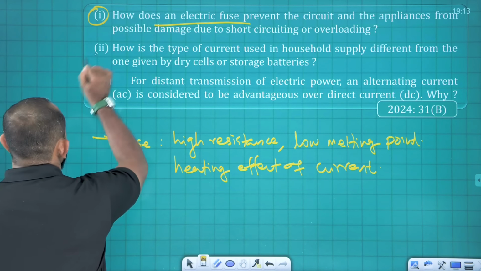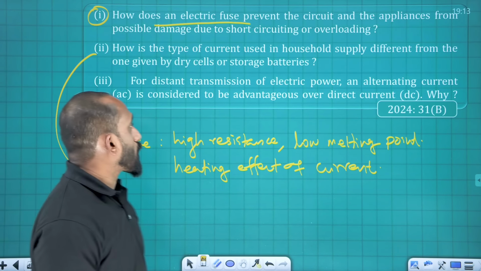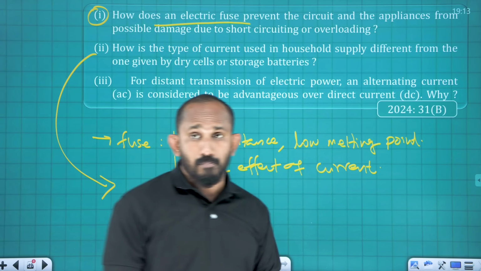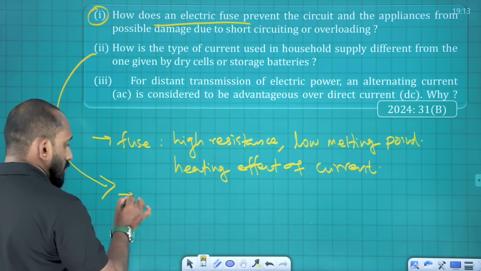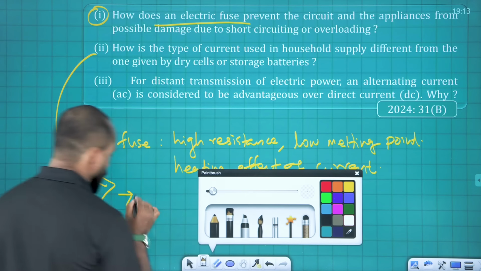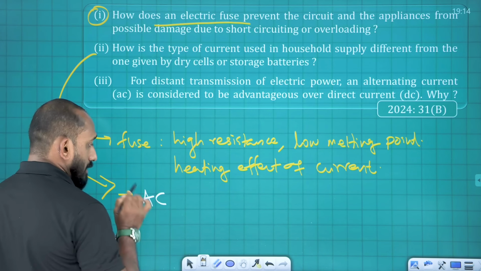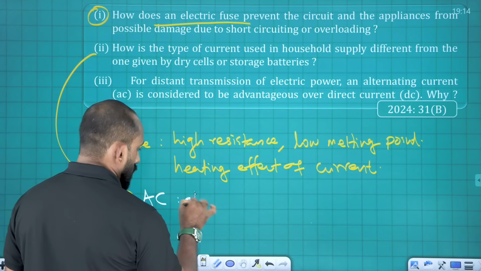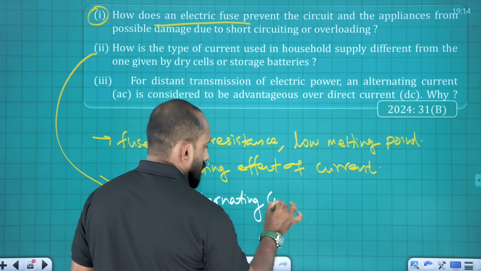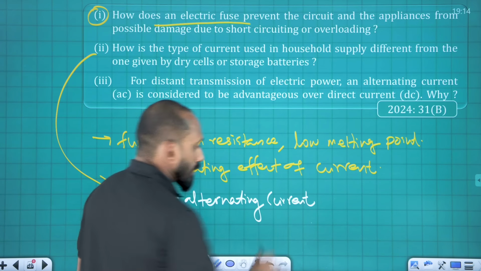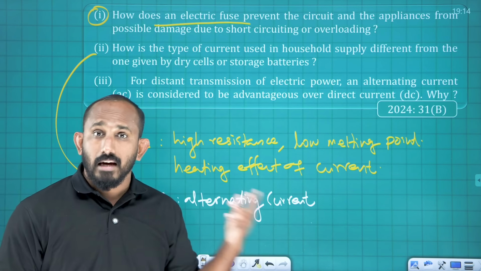The second part. How is the type of current used in household supply different from the one given by dry cells or storage batteries? In our household, we use alternating current, AC. So it's more than a theory, it's general knowledge too.